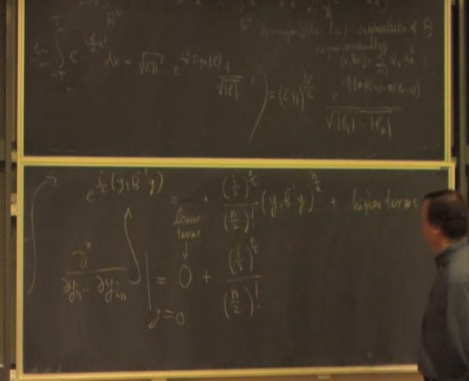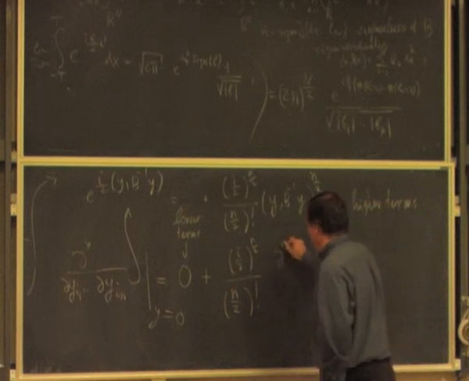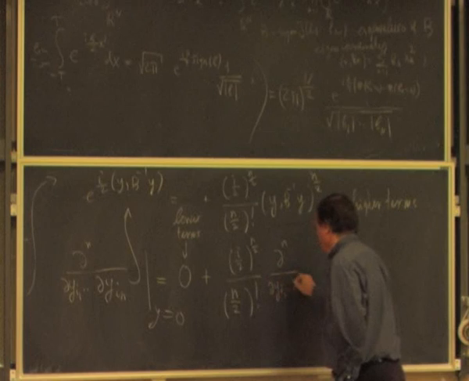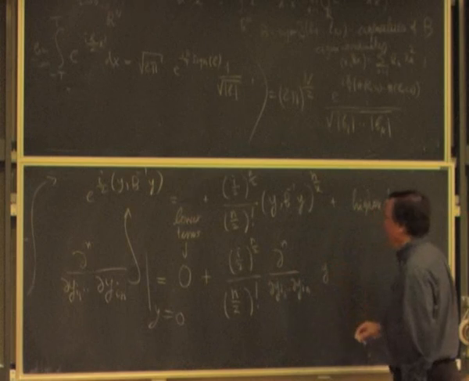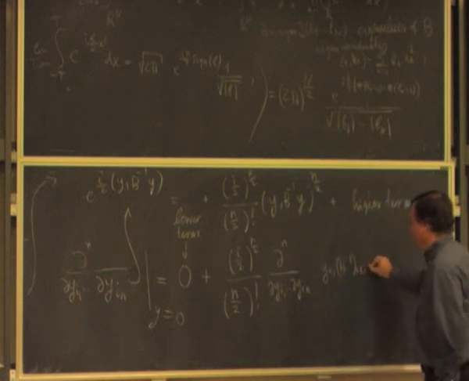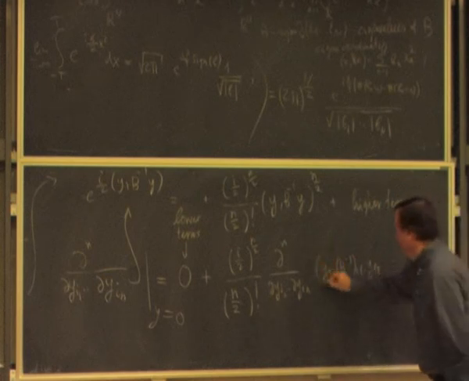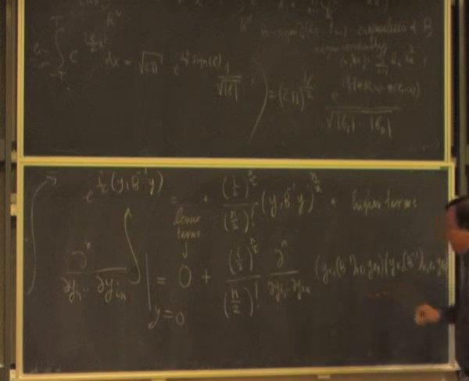And then we have to differentiate this thing. But this thing is what? It's ∂^n over ∂y_i1 ... ∂y_in, and then here we have y_k1 B^(-1)_(k1 l1) y_l1, y_k2 B^(-1)_(k2 l2) y_l2, and so on, n over 2 times.